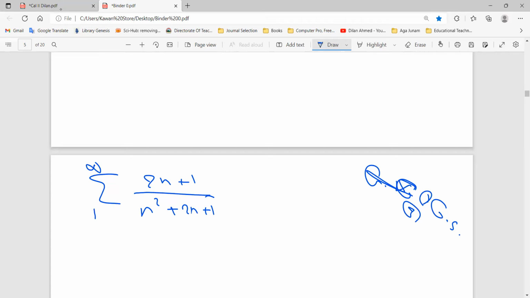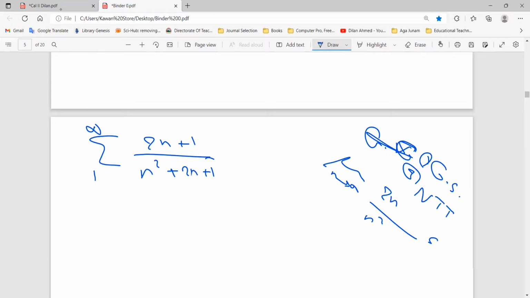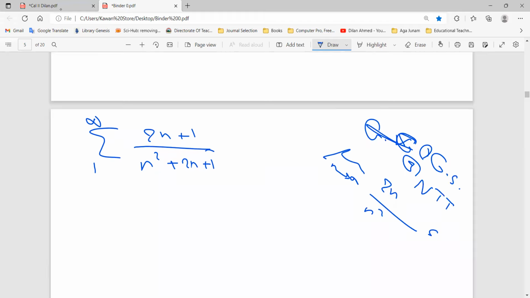The nth term test, right? So take a limit by the nth term test. That one is happening in my mind before answering. The limit of 2n over n squared, I know is equal to 0, right? The denominator is greater. And we say the nth term test with 0 is a failure, cannot test.